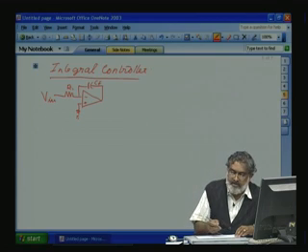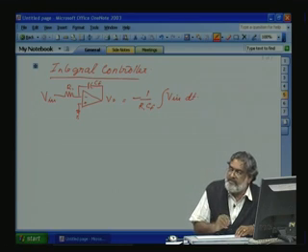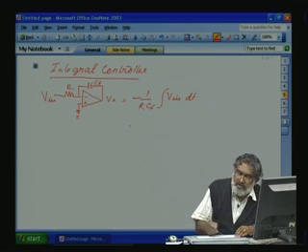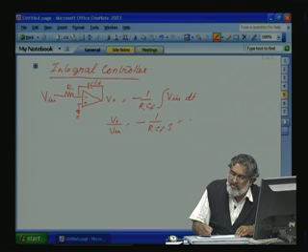So, we know V0 is equal to minus 1 by R1 Cf integral of V in dt. Okay. So, the output by input in Laplace domain V0 by V in is equal to minus 1 by R1 Cf into S. This is equal to minus 1 by, Rf Cf I will take as T1, into S.